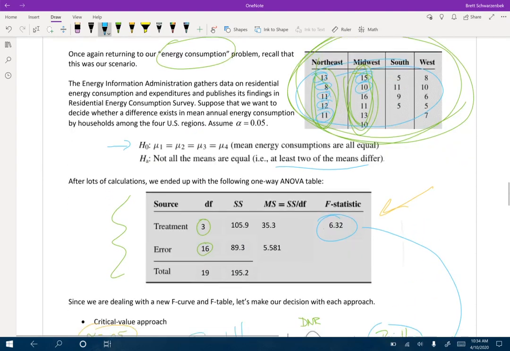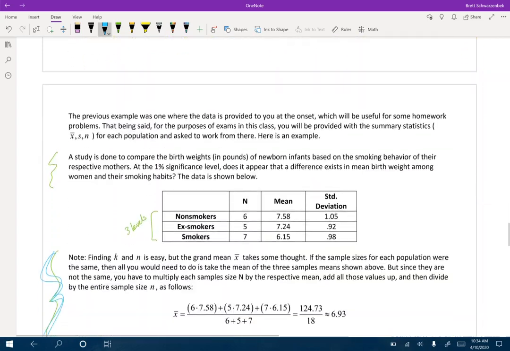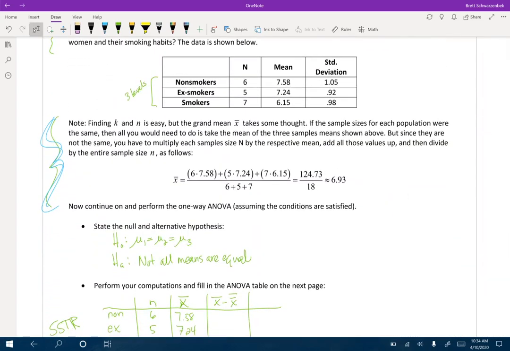Well, now that we don't have the actual data, we can't do that. We also know that we can't take the average of these 3 values because the sample sizes are different for each one. So therefore, we actually have to come up with a new way to do this.